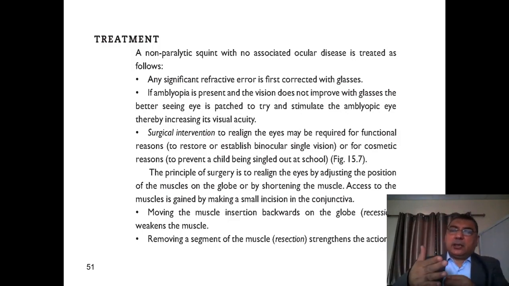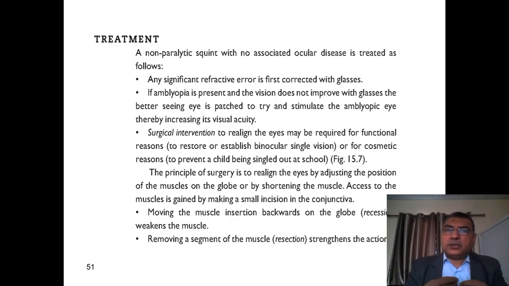We are going to weaken the medial rectus in this example, esotropia, and strengthen the lateral rectus, to push the eye to get the central or orthophoric position. So surgical intervention is by recession of a muscle and resection of another muscle.